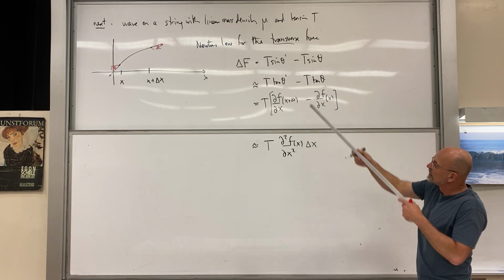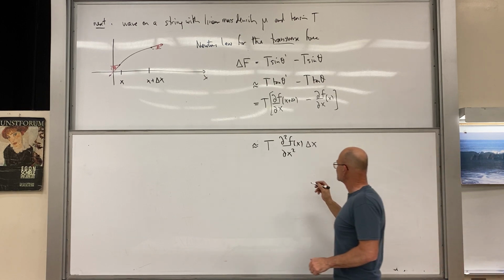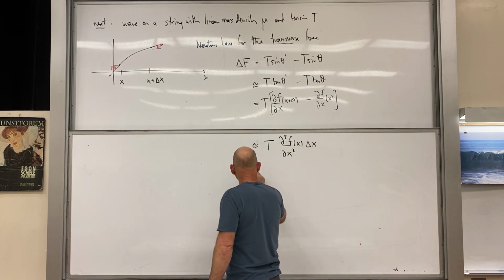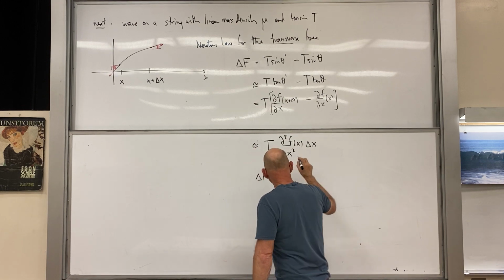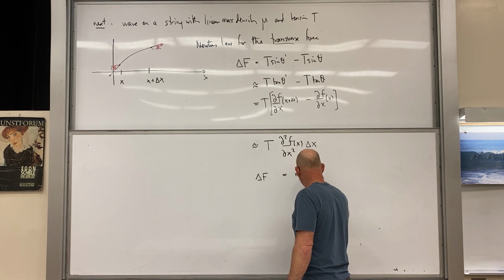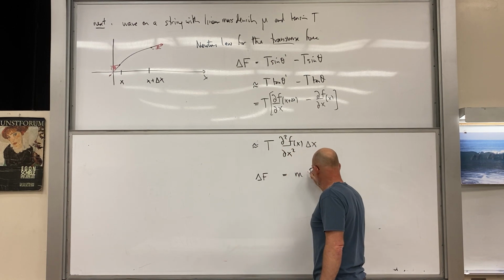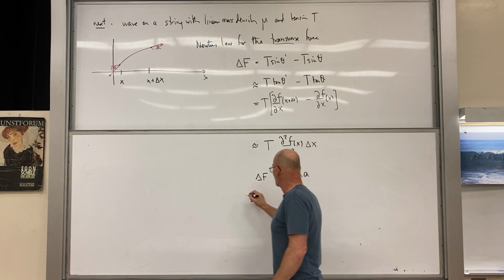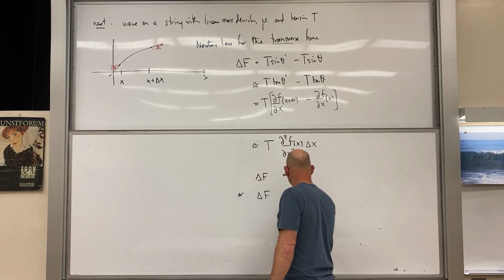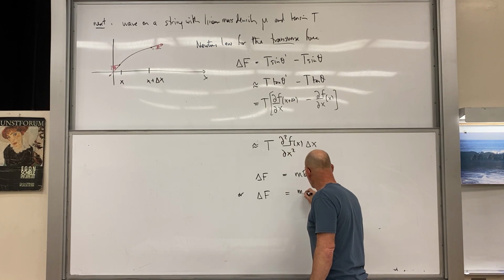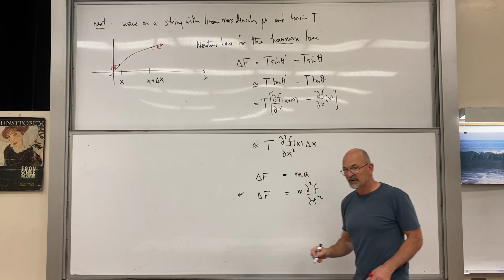Now what about Newton's law on the right side? So we have this delta f is equal to m times acceleration, or delta f equals m d squared f dt squared.